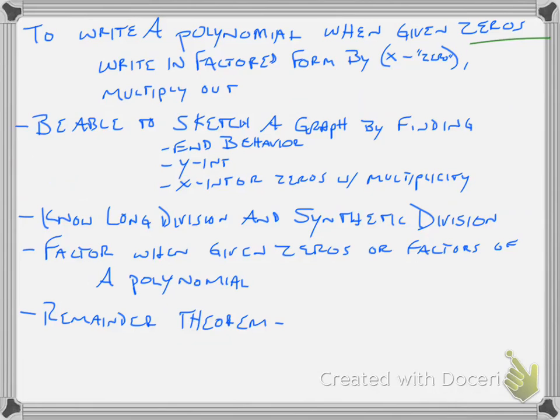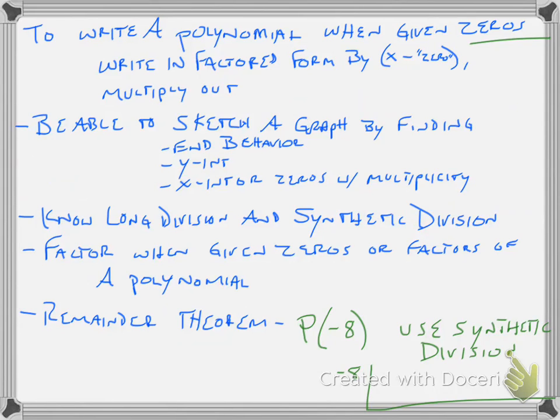The remainder theorem is if you're looking for P of -8, you use synthetic division and you would not change the sign. You would use -8 in that spot in the synthetic division because that is the x value.